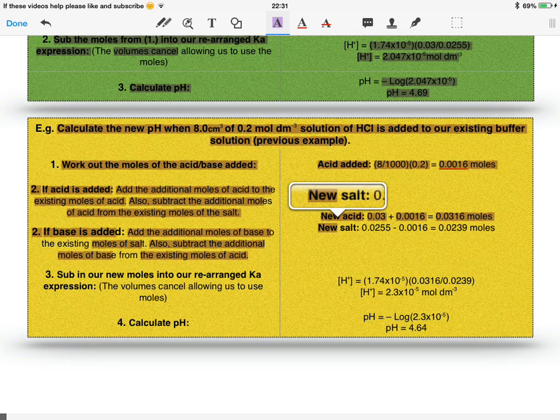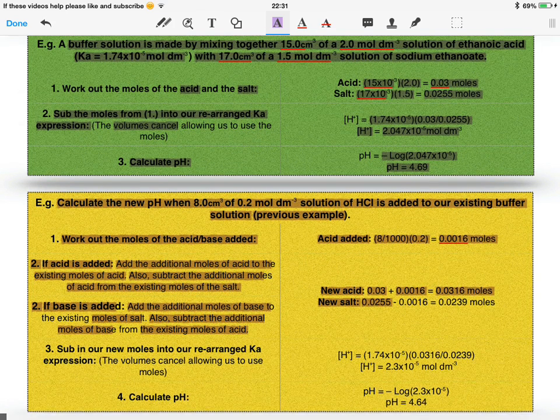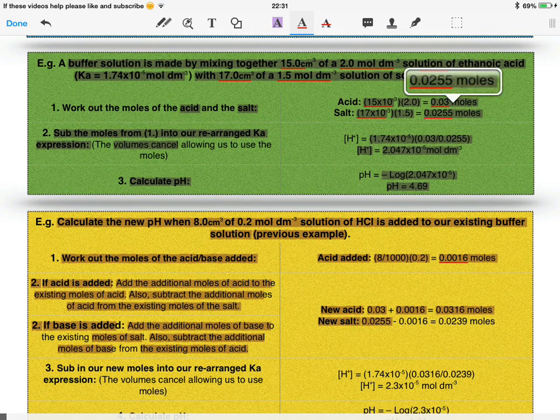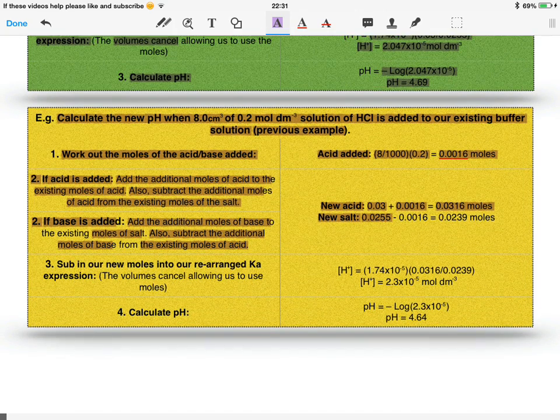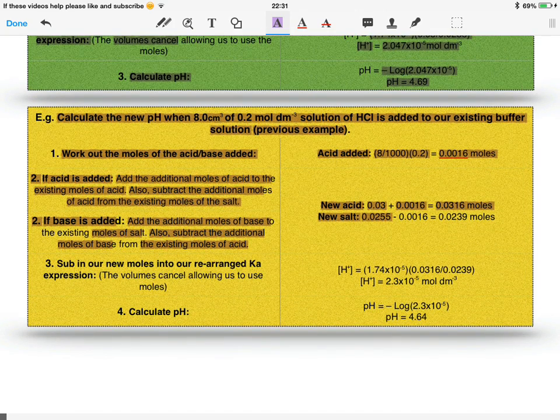Then the new salt is the original salt, which was 0.0255 from here, and then we subtract the 0.0016 moles, which was the acid that was added, and that was here. This gives us new salt moles of 0.0239 moles.